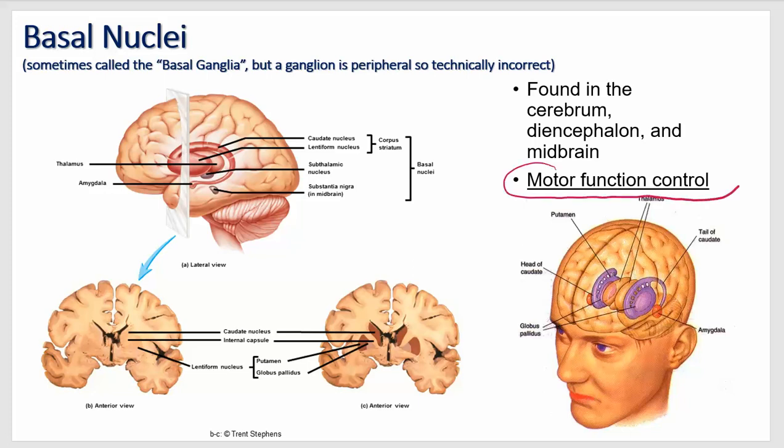Planning will take place in the prefrontal cortex and the motor cortex, but there's a lot of communication between different structures to provide balance and finesse, purpose, continued movement, that kind of thing.